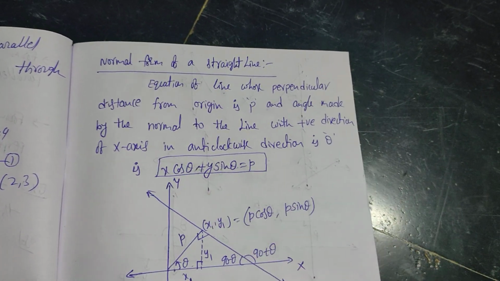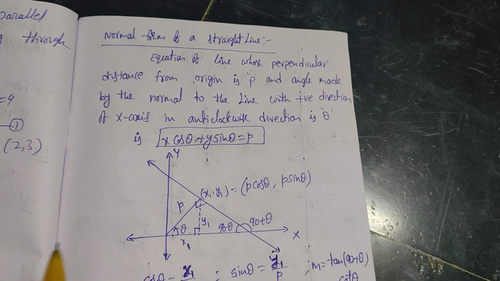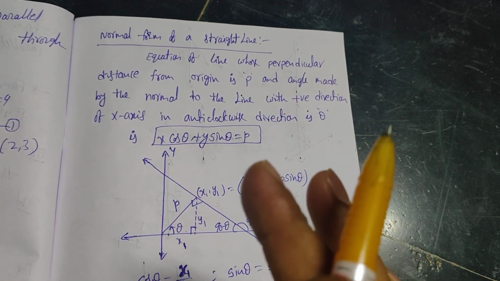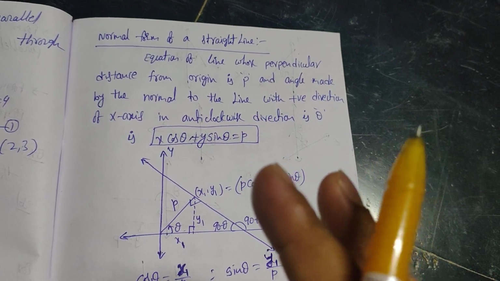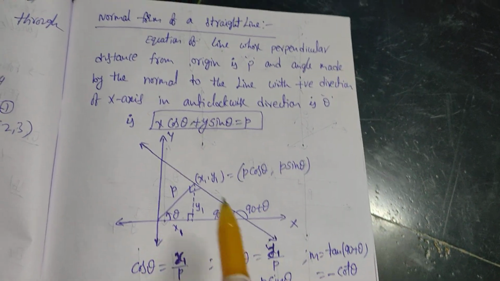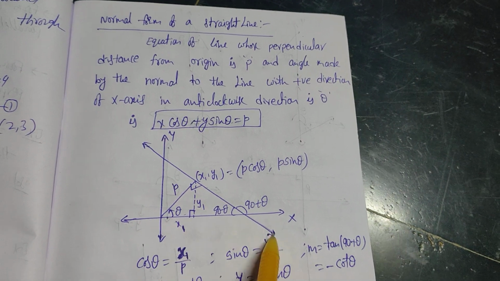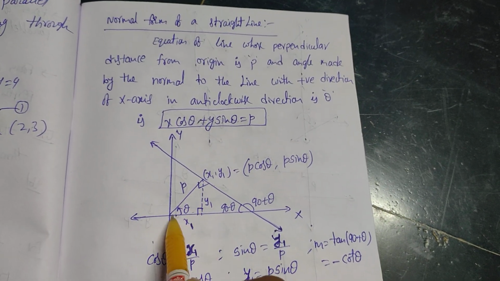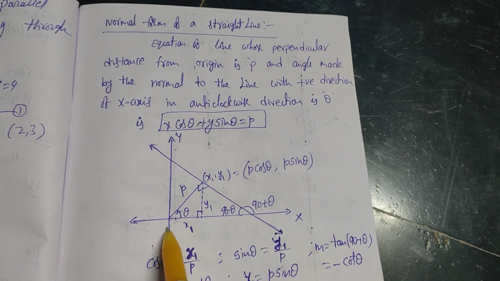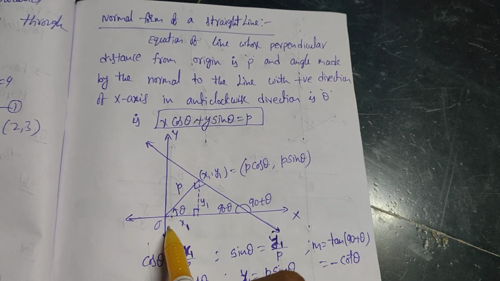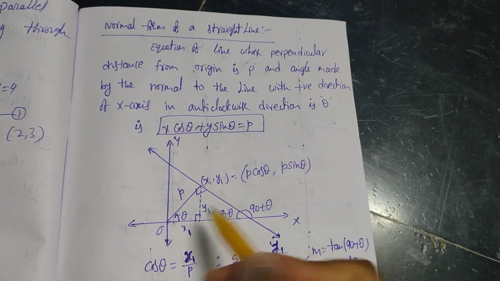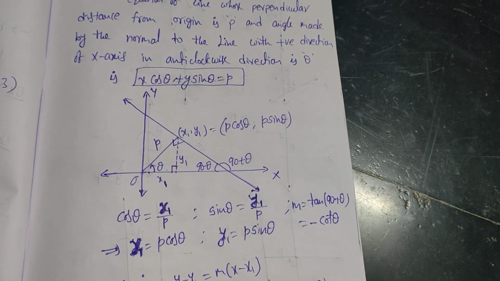That means if you want to find the equation of the line whose perpendicular distance from origin is p, let us consider this is the straight line, which is at a distance of p units from the origin. So this distance from origin is p units, and the angle made by the normal to the line. Normal means that is perpendicular only.